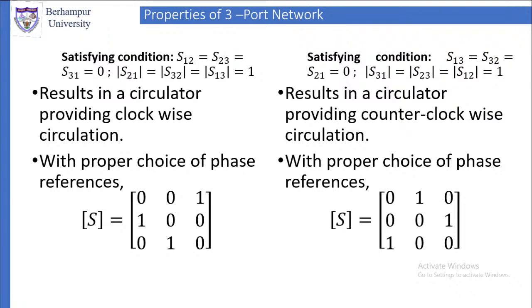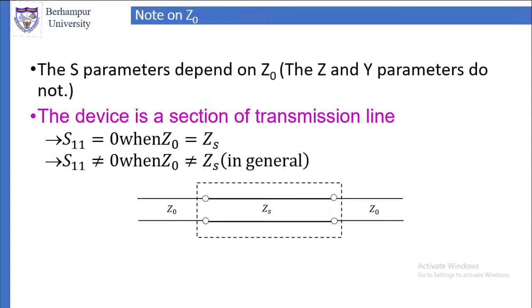Similarly, if the second condition is satisfied, S13 is equal to S32 is equal to S21 is equal to 0, and S31, S23, S12 have magnitude 1. This results in a circulator providing anti-clockwise or counterclockwise circulation, with proper choice of phase by using phase matching. S is equal to 0, 1, 0, 0, 0, 1, 1, 0, 0.